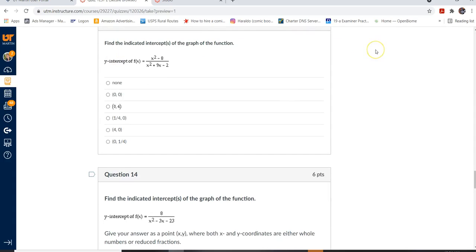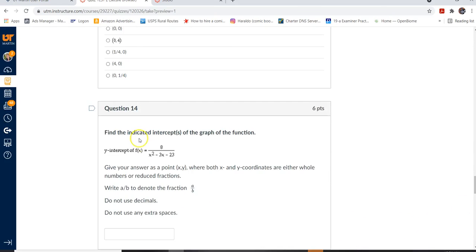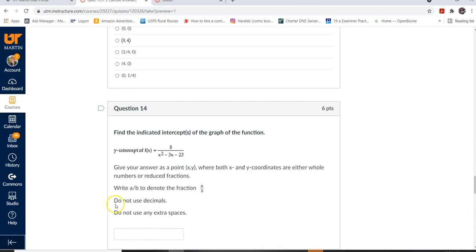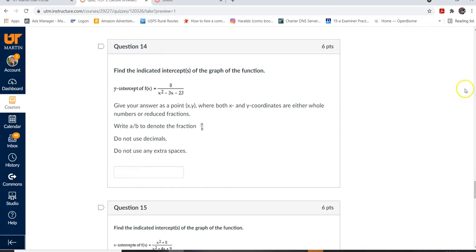Find the x-intercepts of the graph. Okay. Just get my screen.